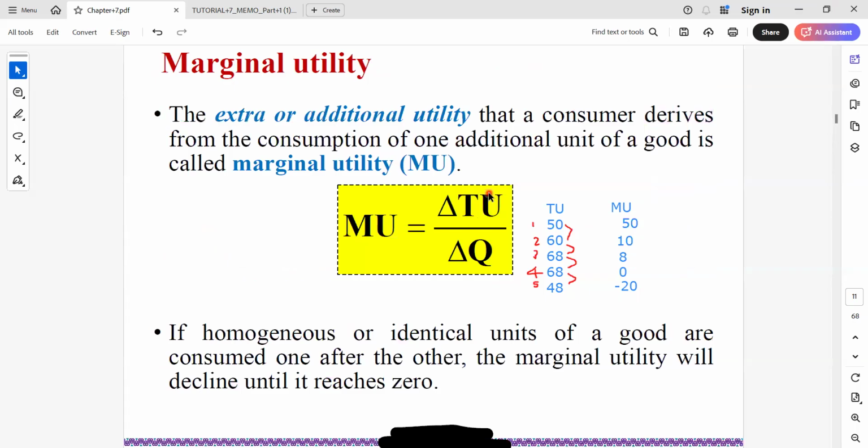As you consume more units, your marginal utility is decreasing. That is the law of diminishing marginal utility.